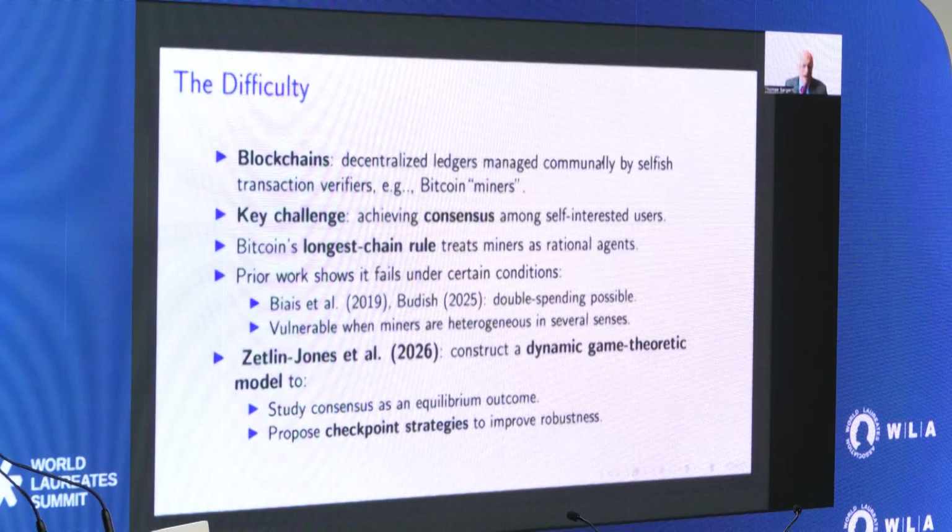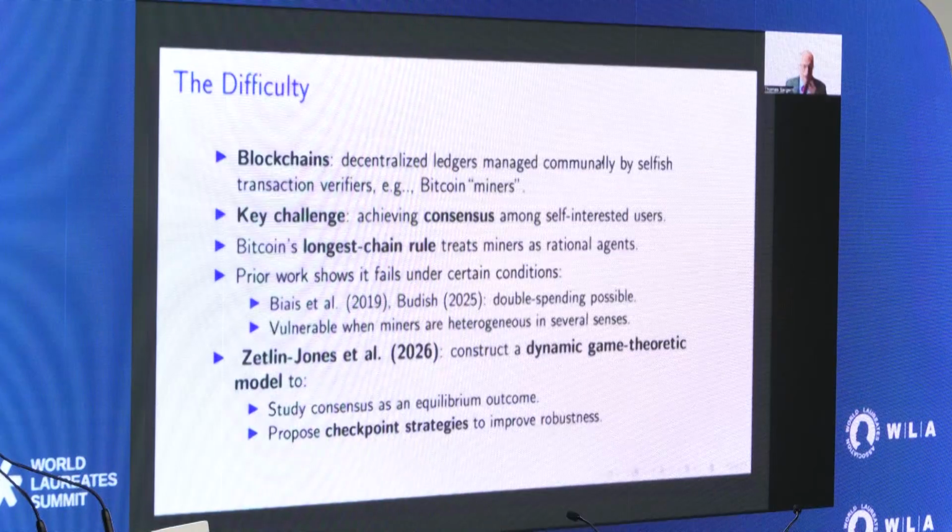Then the key challenge is you have to achieve consensus among self-interested users in order to get a transaction approved. So Bitcoin uses a so-called longest chain rule. The theory is that miners are rational profit maximizing agents. And prior work shows that this fails under certain conditions.